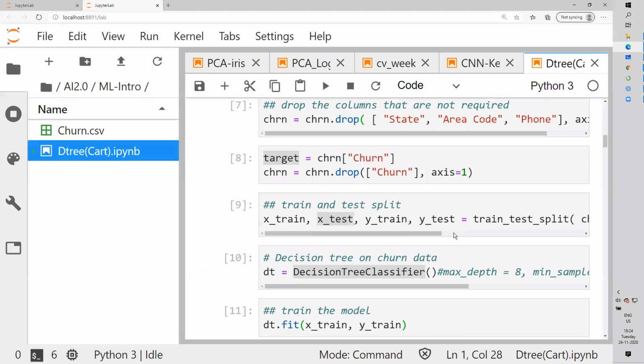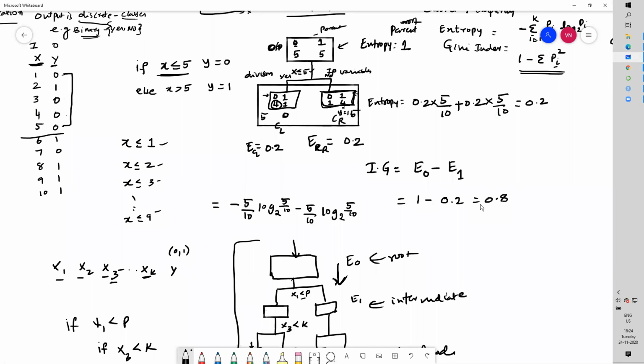You don't see any of those computation complexities. When you try to learn the concept behind machine learning, you have to learn all of these things: entropy, Gini, information gain, what is impurity, and how we are trying to do the splitting.